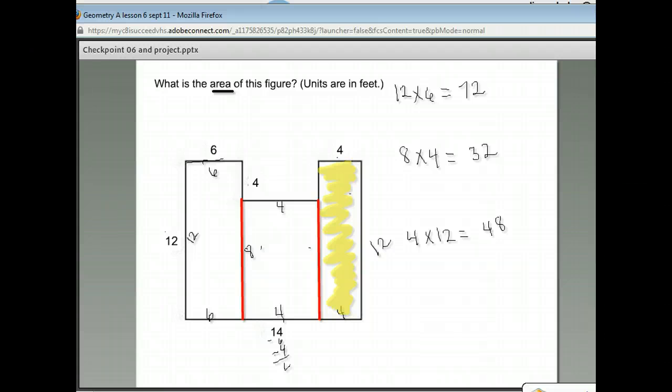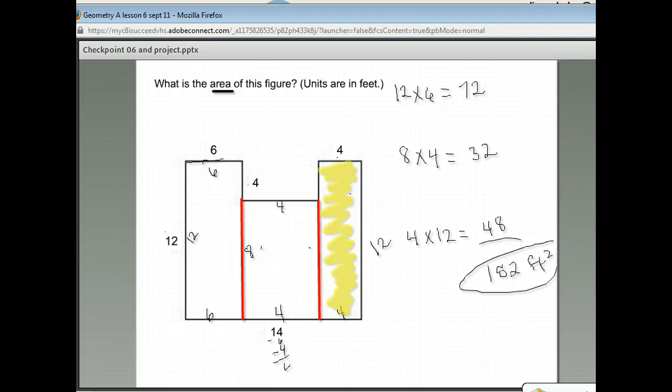If we have those 3 rectangles, what's the total area of our castle going to be? Very good. So we have now found, it says to use feet, we have now found the area of that castle is 152 square feet, and that's exactly right.